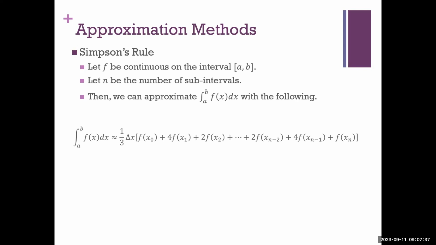So the big sequence to pay attention to is this. Your delta x stands for what it always has stood for: however wide each one of your equally wide subintervals are.